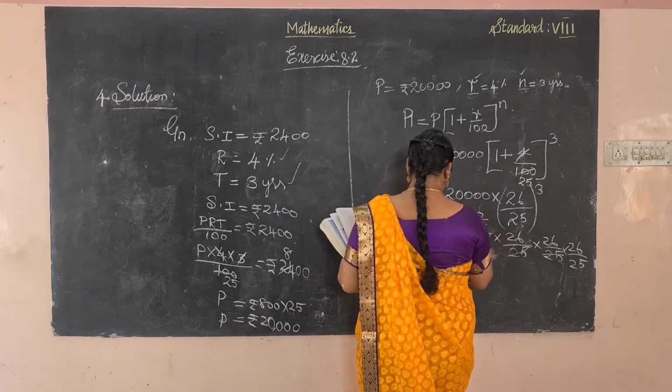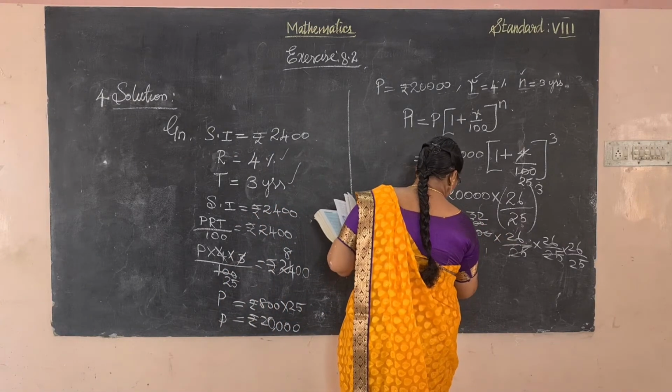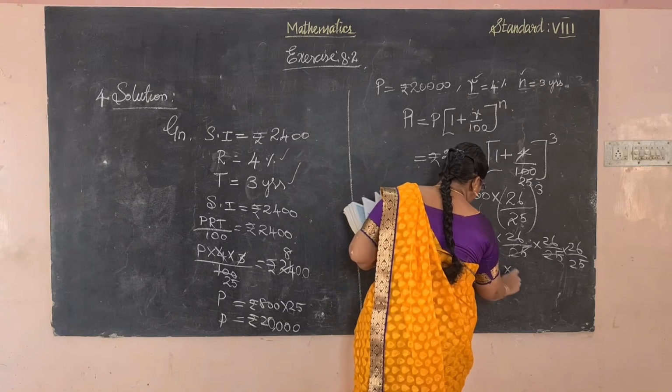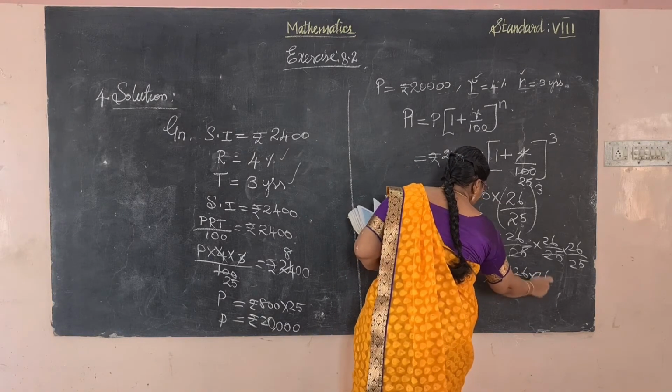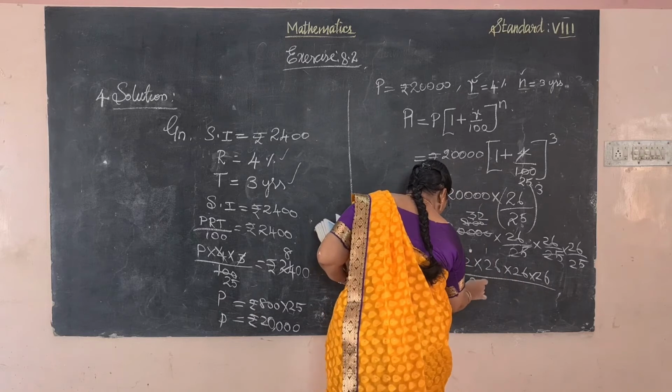So 32 into 26 into 26 into 26 divided by 25.